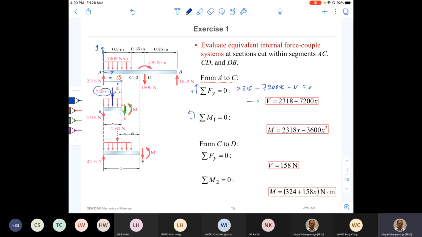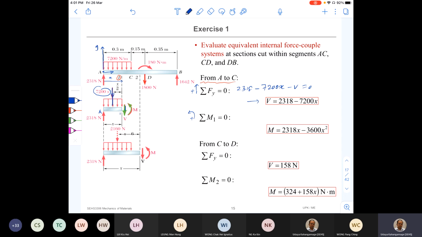Right. So for the bending moment, we'll take the moment at point 1, right? Sum of moments at point 1, and add them all together. Once you add them together, it is equal to 0. So could you write the equation now? How about the reaction force 2,318? Is it positive or negative moment? I don't need to ask that question, right?